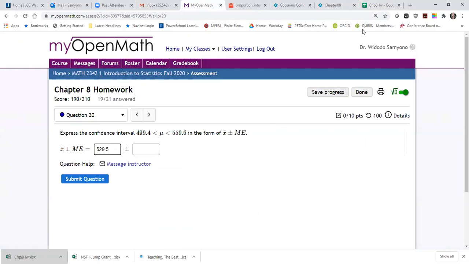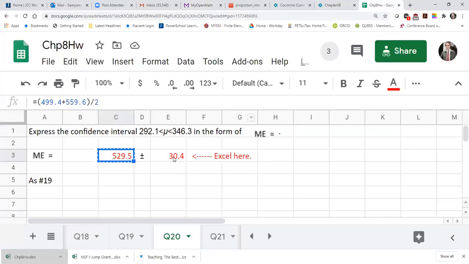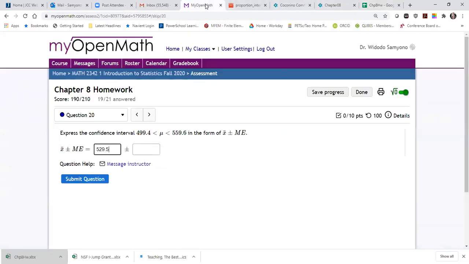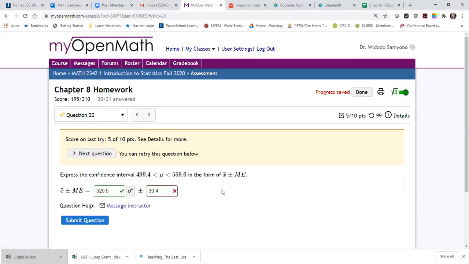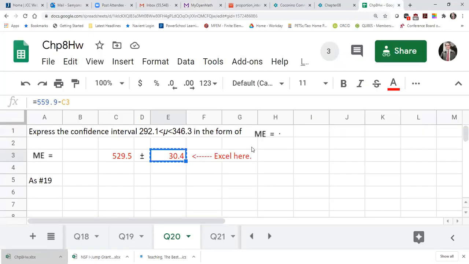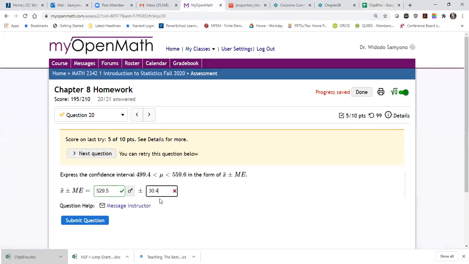And on the right side will be this guy, right? Okay, you can submit it. Okay, hold on. What is that here? Oh, it's just going to be 559.6, right? Okay, so sorry. So that's going to be 30.1.